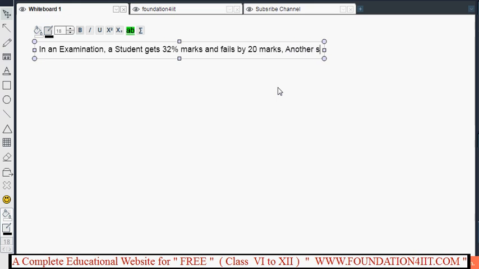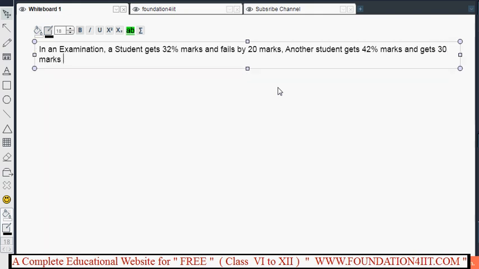And another student gets 42% marks and gets 30 marks more than the minimum pass marks.